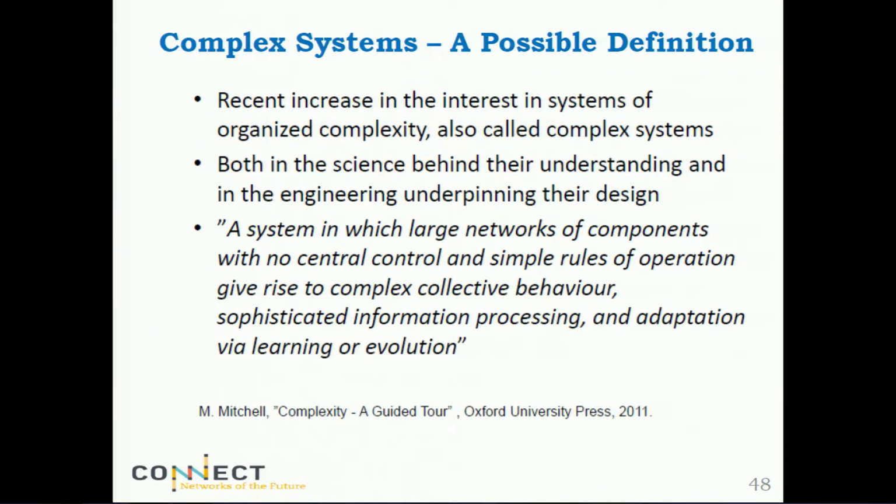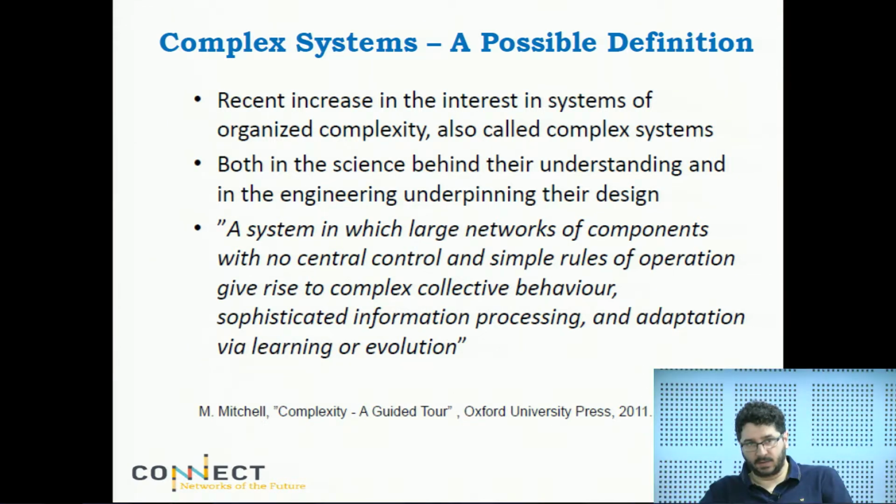And this is a definition that is given in the book I mentioned before, and I think it's a good one. A complex system is a system where there is a large network of components. There is no central control. There are simple rules of operation. These simple rules of operation yet give rise to complex, more complicated than the starting point, collective behavior.